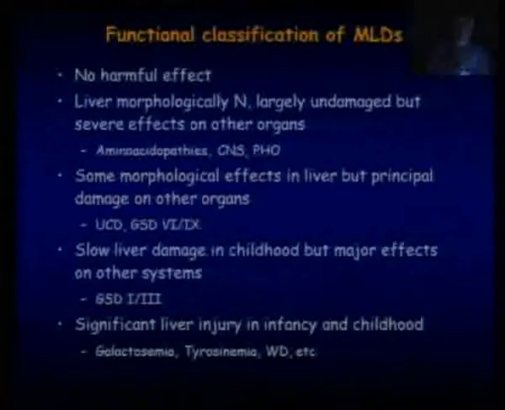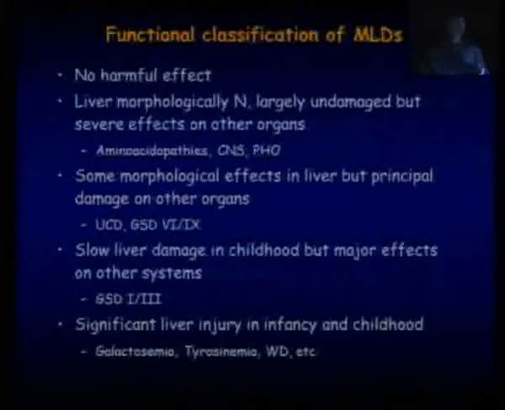It's a slow going damage to the liver. But the major problems are elsewhere, like the GSD1 and the GSD3. And of course the commonest which we see, the galactosemias and the tyrosinemias, where the problem is in the liver, the damage is to the liver, very, very vast damage right from the beginning and requiring immediate management and treatment, and some of these topics are going to be discussed over a period of time.